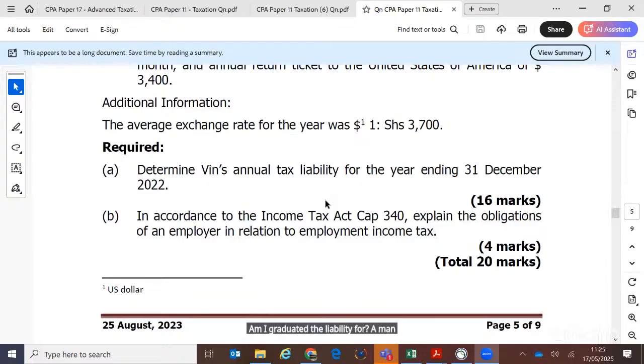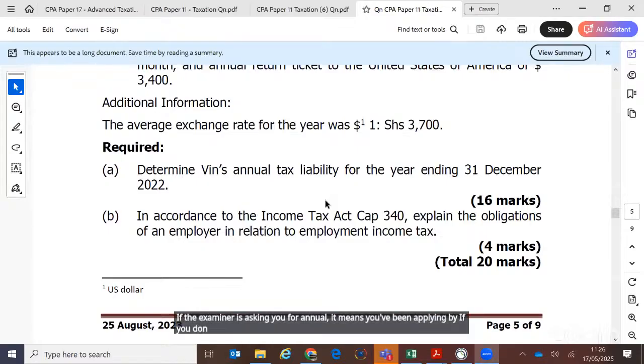Because we all know that whatever we earn at our workplaces, we normally earn it on a monthly basis. So anything that they give you on a monthly basis, if the examiner is asking you for annual, it means you'll be multiplying by 12.